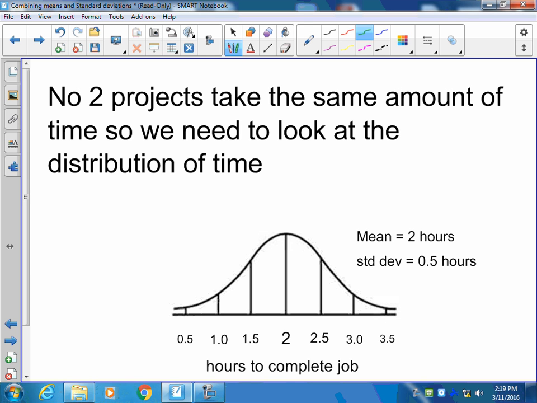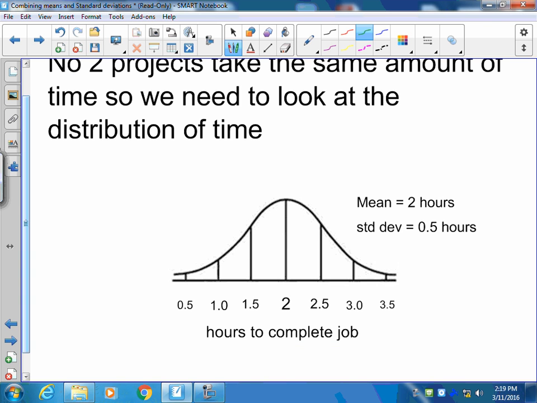So every time they do fender flares, they know it's going to take about 2 hours, give or take a little bit. Sometimes things just fit right, or the worker could just be in a groove. So we want to understand that the hours to complete the job is normally distributed.